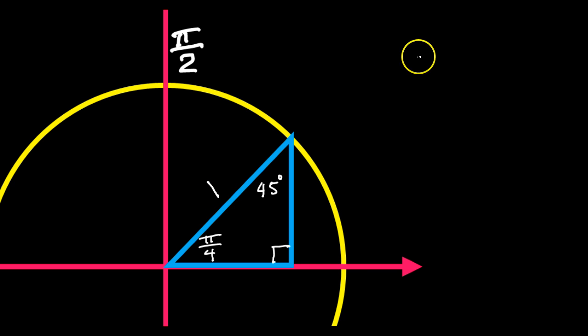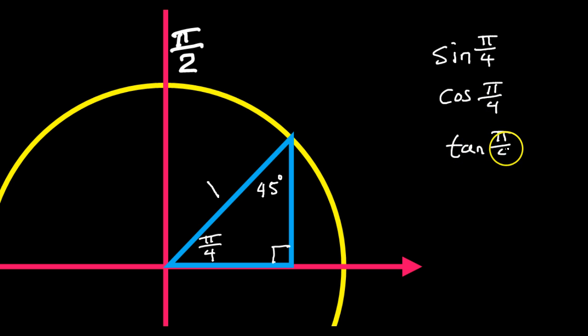Now our goal is to figure out what is the sine of pi over 4, the cosine of pi over 4, and the tangent of pi over 4. That's our goal right now. To do that, it would be helpful to know the sides of this triangle. But we can use our special triangle knowledge.